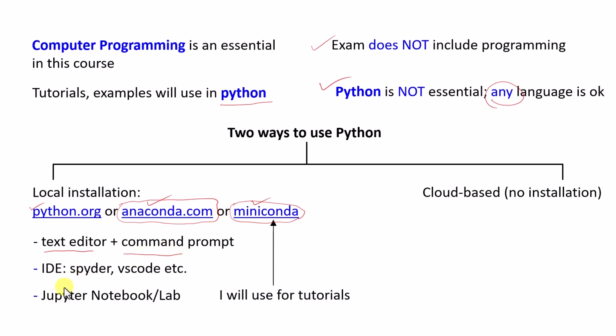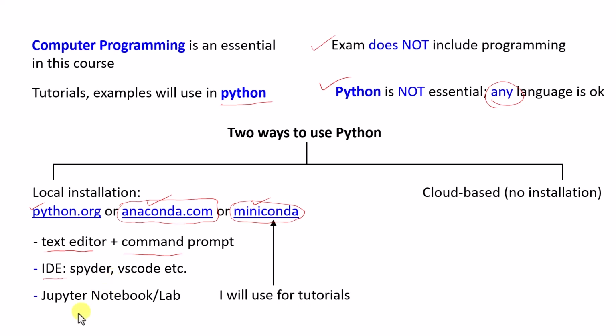Our second option is that we can use a standard IDE, that is Integrated Development Environment, such as Spyder or VS Code. In IDEs, we can write and debug code and then run the code within the IDE without using a command prompt.